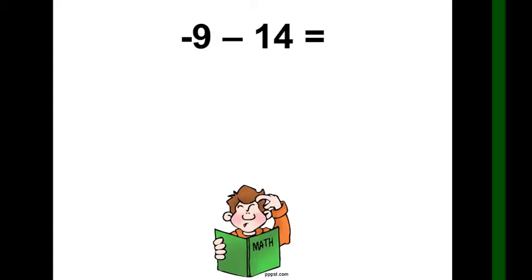So let's see. We have negative 9 minus positive 14. Here we have negative 9 minus positive 14, kaso since positive siya, hindi na natin siya nilagay. So keep, change, opposite.